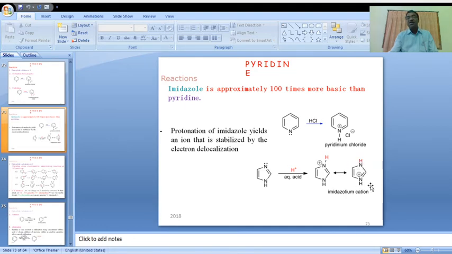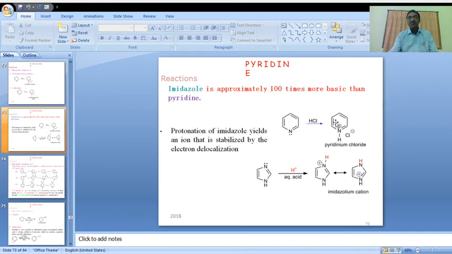The other nitrogen heteroatom gets a positive charge. So there are two contributing resonance structures for this cation.